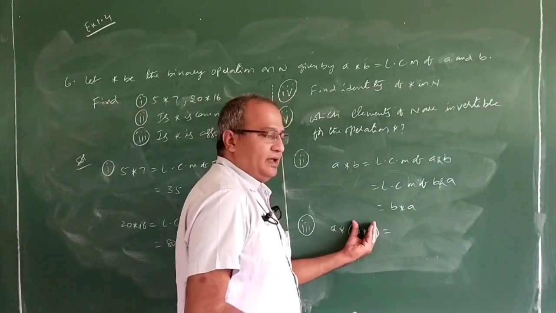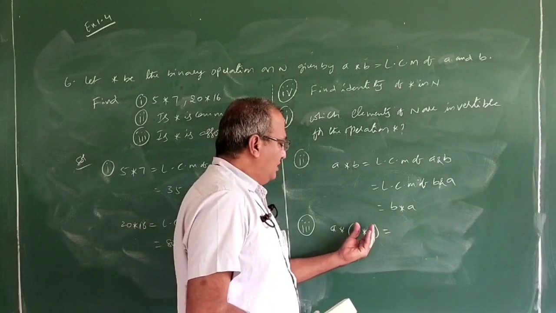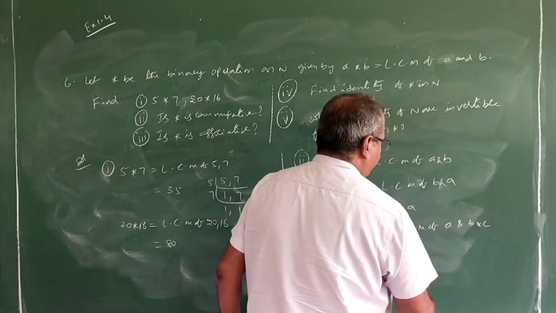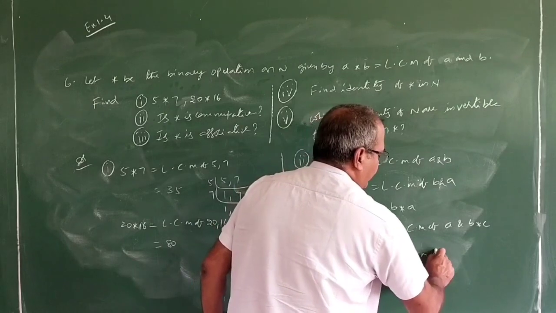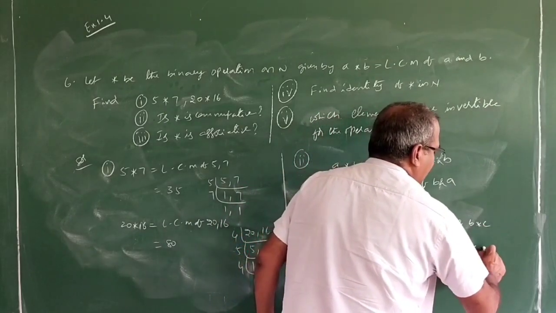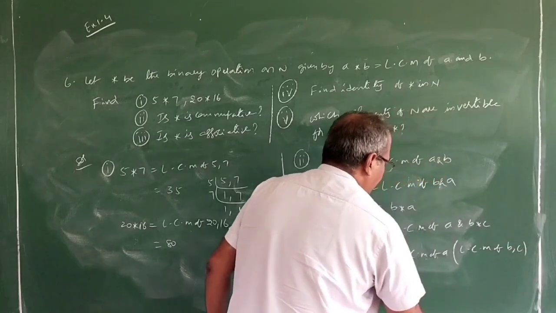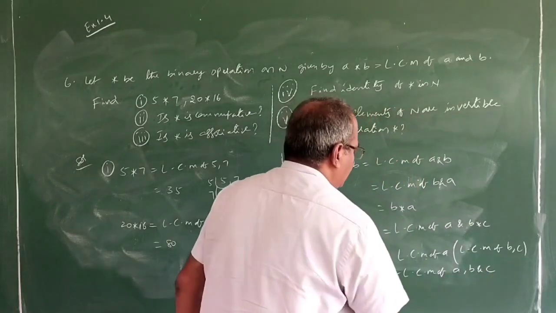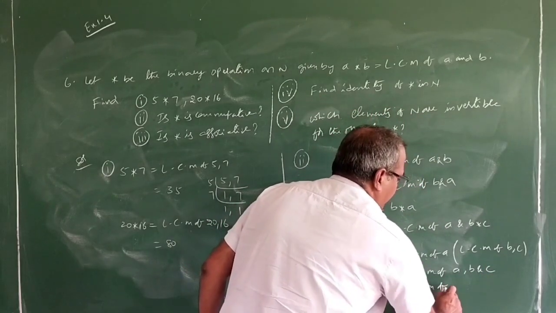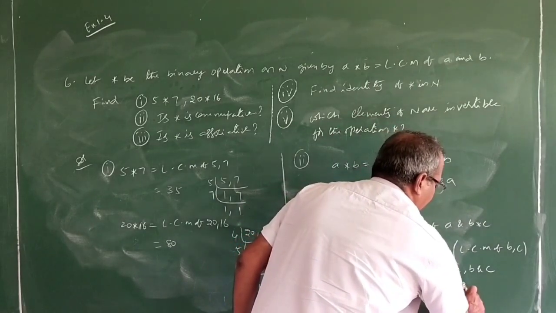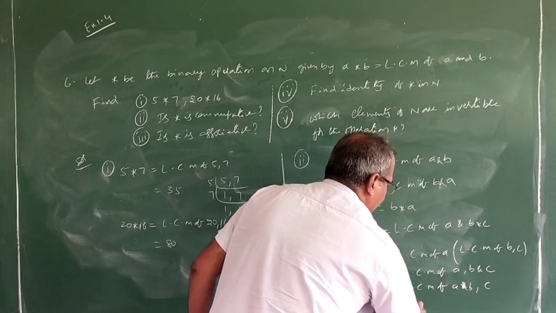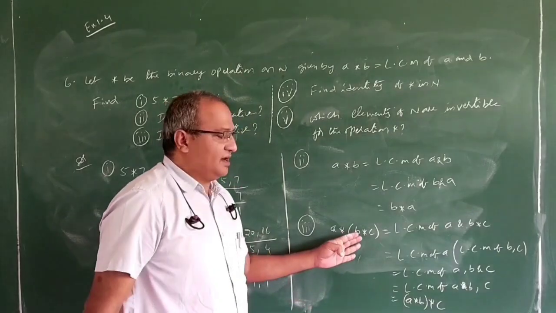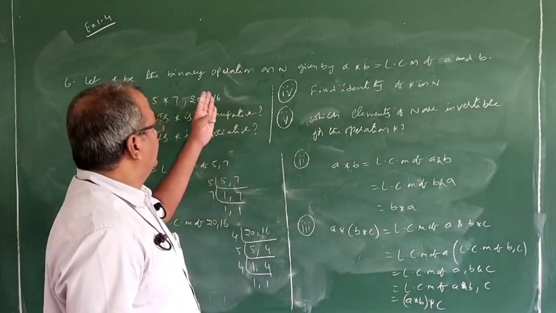Here, LCM of A and B star C, which is equal to LCM of A comma LCM of B comma C, which is equal to LCM of A, B and C, which is the same as LCM of LCM of A and B comma C, which can be written as A star B star C. Therefore, star is associative according to the given operation star.